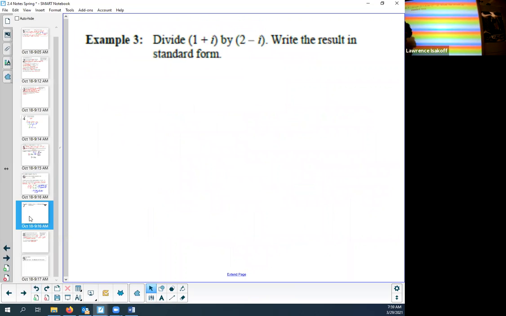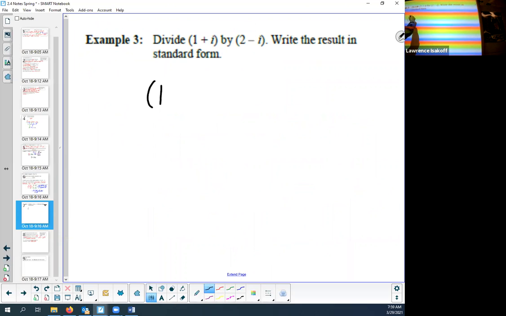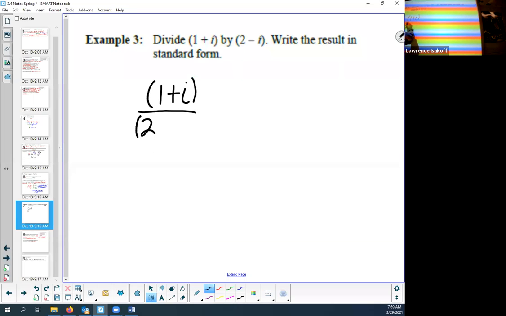So let's actually do it with the real numbers now. So this is 1 plus i over 2 minus i. Okay, first thing I need is my complex conjugate.